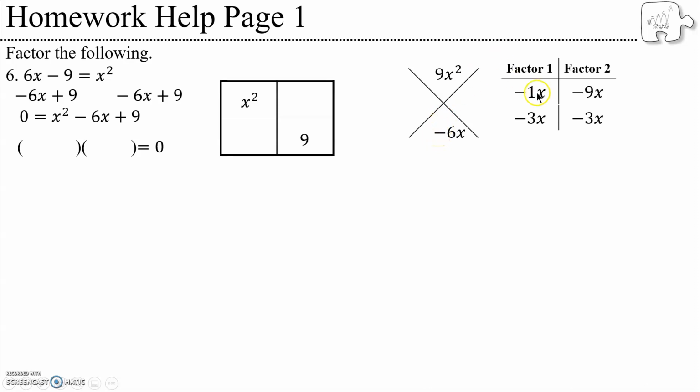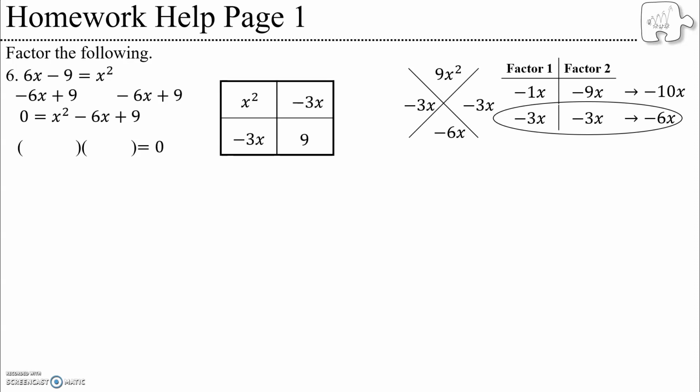It could be negative 1 times negative 9, or negative 3 times negative 3. The first one adds to negative 10x, the second one adds to negative 6x. So our factors are minus 3x and minus 3x. We can fill that in the diamond, and then fill that into the generic rectangle as well.